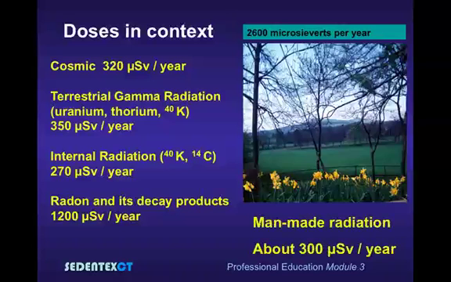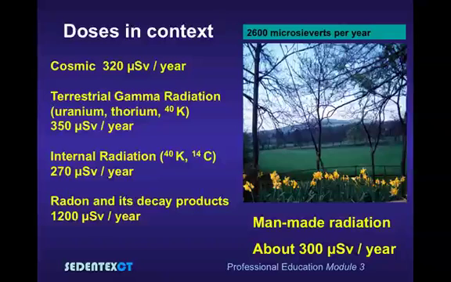However, man-made radiation contributes about 300 microsieverts per year to our annual average dose of radiation in the UK. Remember, these figures will be different for different countries in Europe and throughout the world, depending particularly on natural radiation sources in the environment.